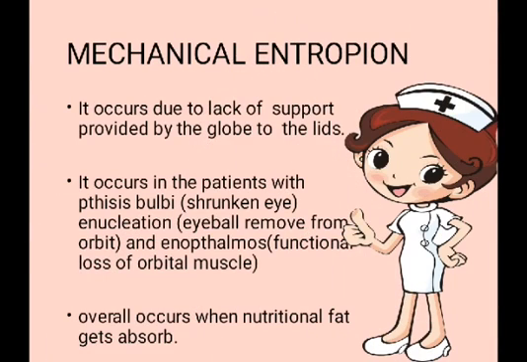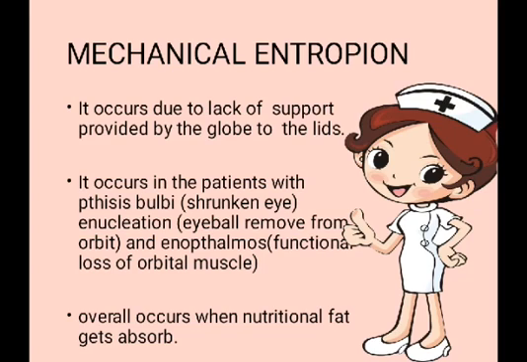Our last type is mechanical entropion. It occurs due to the lack of support provided by the globe to the lids. The orbit supports the lids, and when this support is lacking, mechanical entropion develops. It occurs in patients suffering from phthisis bulbi. Phthisis bulbi is a shrunken eye which is a complication after surgery.